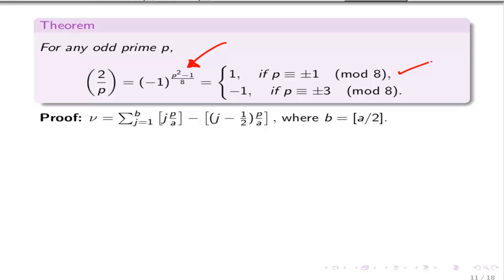So how do we get the formula? So the value nu in Gauss's lemma, we just saw is this sum right here. So in this problem, a is 2. So if a is 2, then b is [2/2], which is 1. And so nu, well, that's pretty easy to calculate. j goes from 1 to 1, so j is just equal to 1.